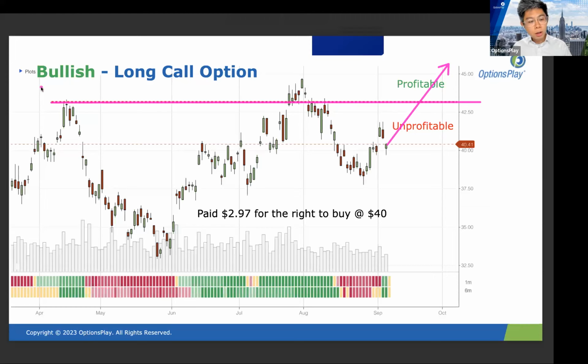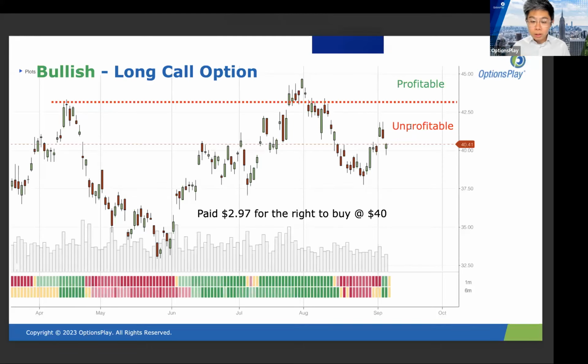So to call a long call option a bullish strategy, in my opinion, is not 100% accurate, because a bullish position, in my opinion, means that if the stock goes up, I make money. But that's not entirely true with the call option. You have to understand that with every call option, it's not just saying that the stock is going to move higher and I'll be profitable.